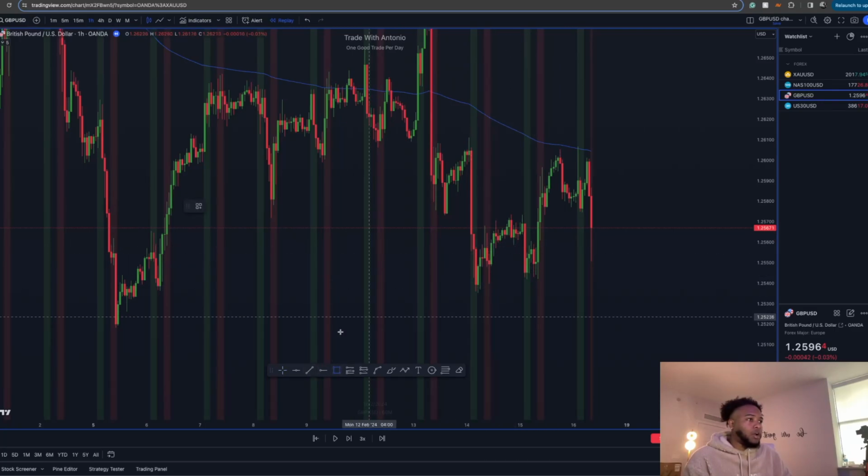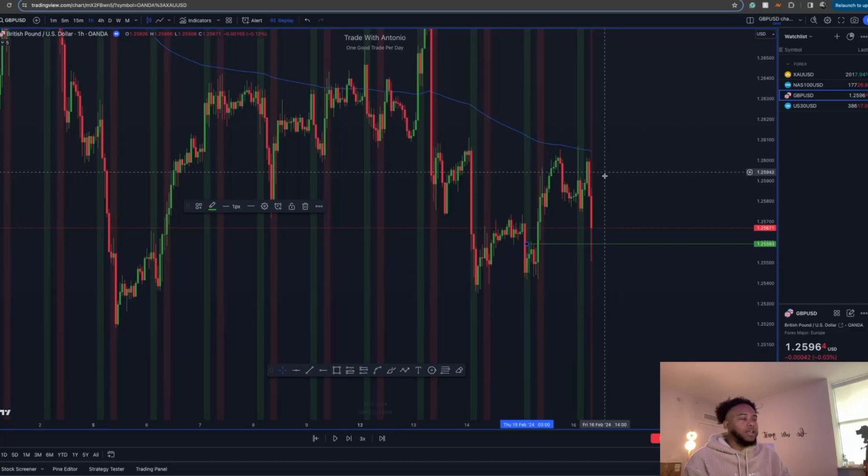Automatically after seeing that, my bias for the day was immediately bullish. Even though it is a low probability demand going towards the EMA, it is still a demand. It's still a demand with a gap, with obviously a breakage of structure there.